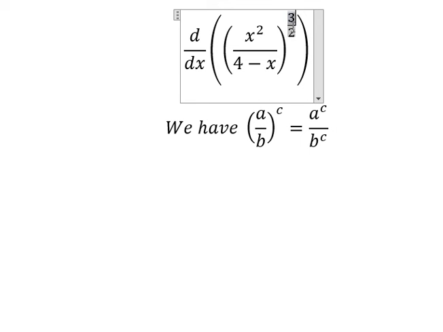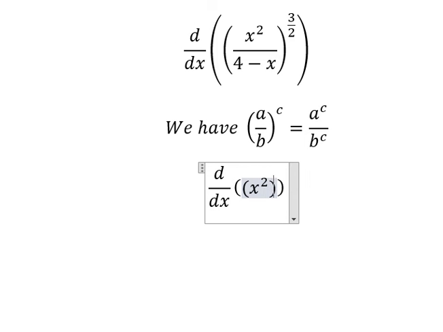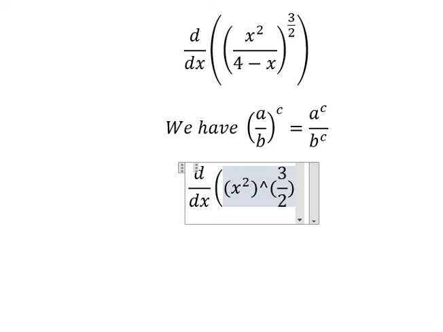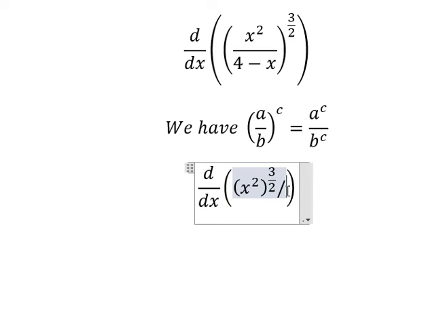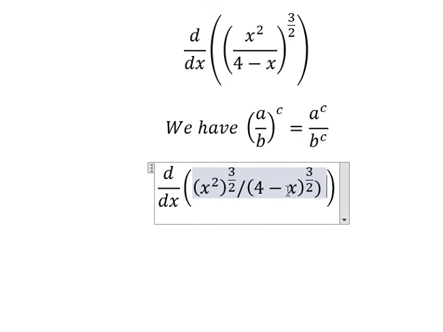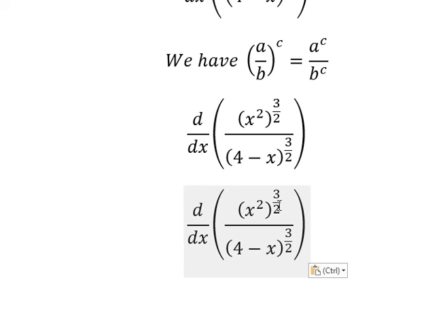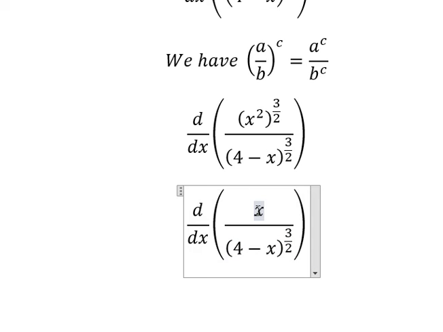Now we need to distribute the power for this one and this one in here. So number 2 with 3 over 2 in here, we multiply the power.